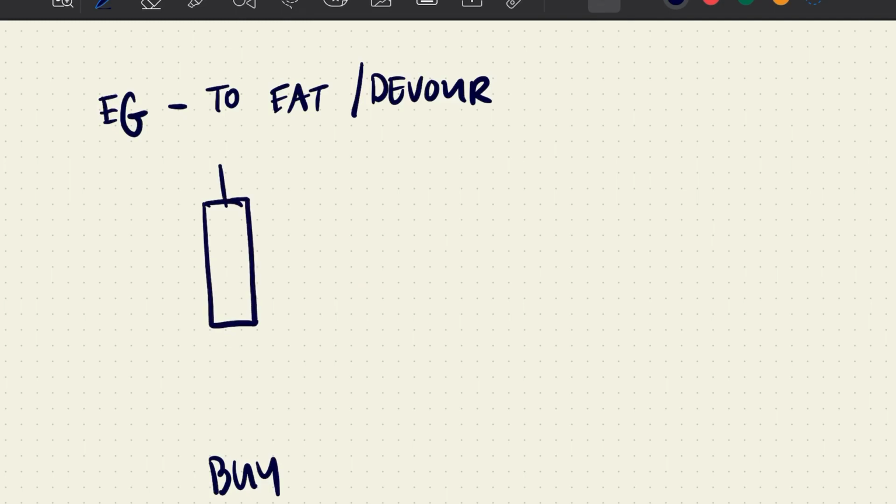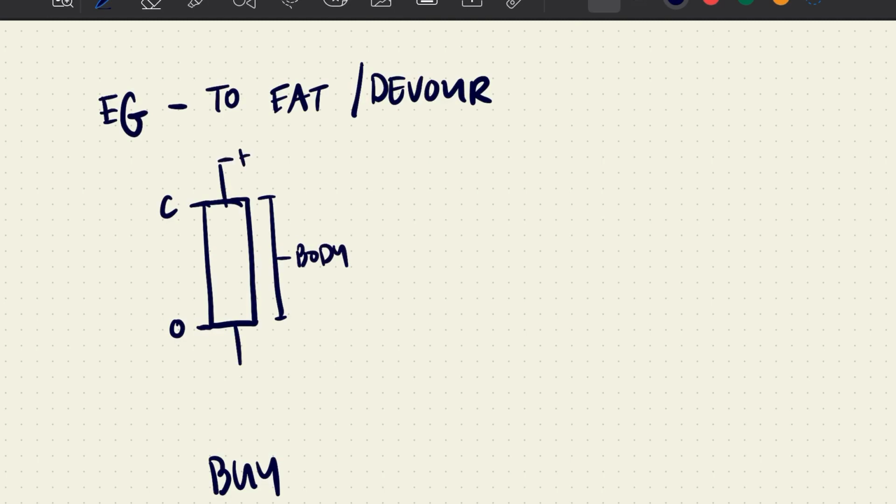All right, so for a buy candle, this is just your ordinary candlestick of a buy, okay? So because it's a buy candle, the opening of the candle will be below because you go buy high, right? Buy goes high. So the opening of the candle has to be down low, then the closing of the candle is up top. Whatever is between the opening and the closing, we call it the body.